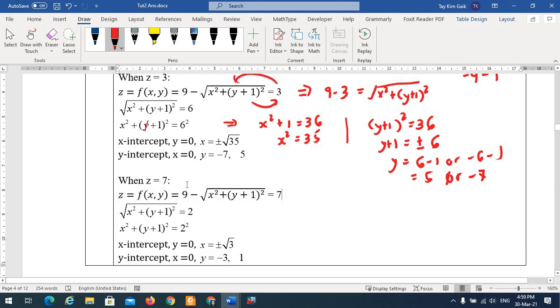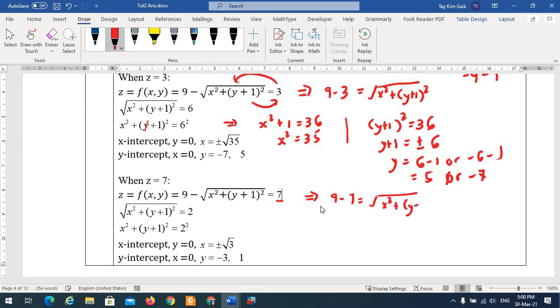So when z equals 7, similarly, we will just change here to 7. So 9 minus 7 equal cube root of x squared plus (y plus 1) squared. So 9 minus 7, this is 2.